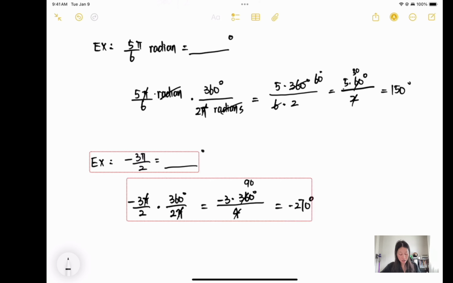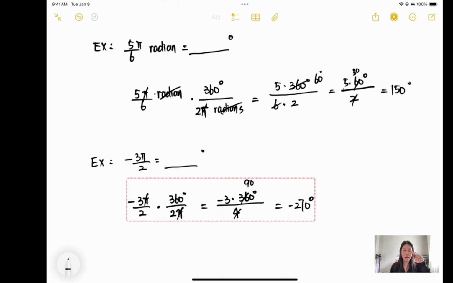So that means negative 3 half pi equals negative 270 degree. Remember that this is going to be a clockwise rotation. Negative 270 is what? It's a quadrantal angle, which is on the x-axis.